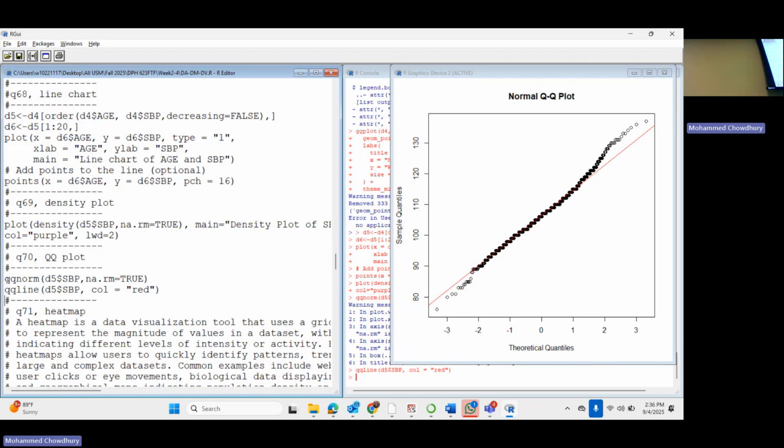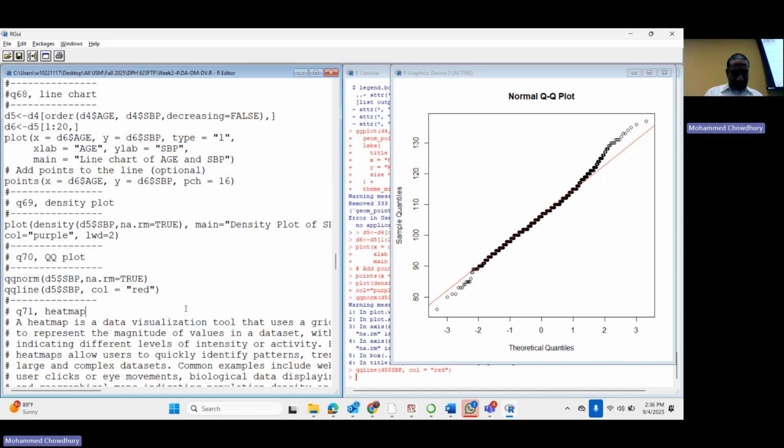Theoretical quantile means -3 to +3 within the mean, 3 standard deviations, where 99.7% of data fall. Then you have the theoretical quantile on the x-axis and the sample quantile on the y-axis. If these two lines coincide, then that means you have a normal distribution. That means symmetric distribution.